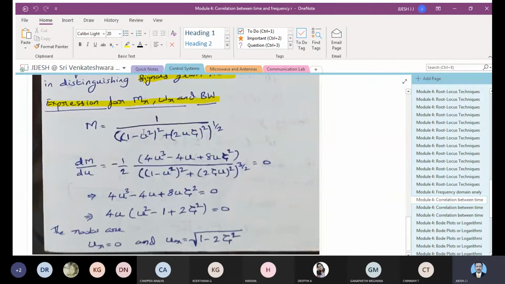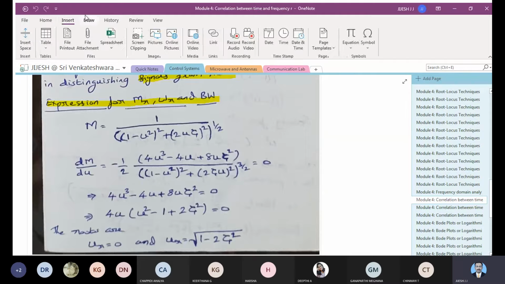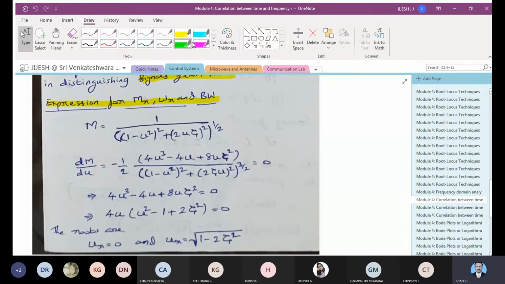So let me take first the expression for M. I know that M is equal to the magnitude, 1 divided by 1 minus u whole square plus 2u zeta whole square, taking the root of that.